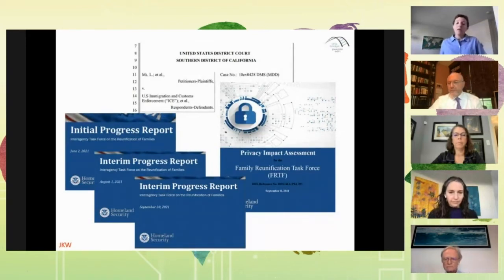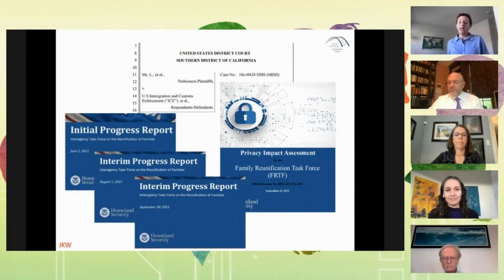Importantly there, the PIA acknowledged, quote, because no comprehensive interagency system was in place at the time to track separated parents and their minor children, and because initial identifications occurred through litigation prior to the establishment of the task force and the Family Reunification Task Force's involvement, pinpointing the best data sets has proven challenging. No kidding. We hope that this will be a call to action to prevent this from happening again.